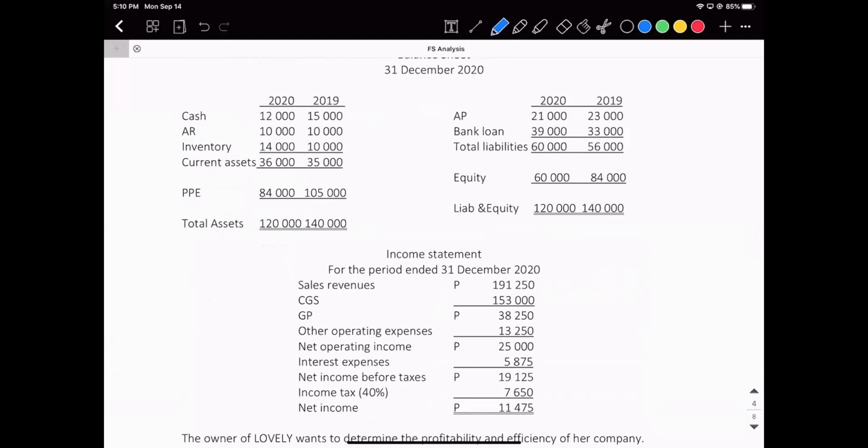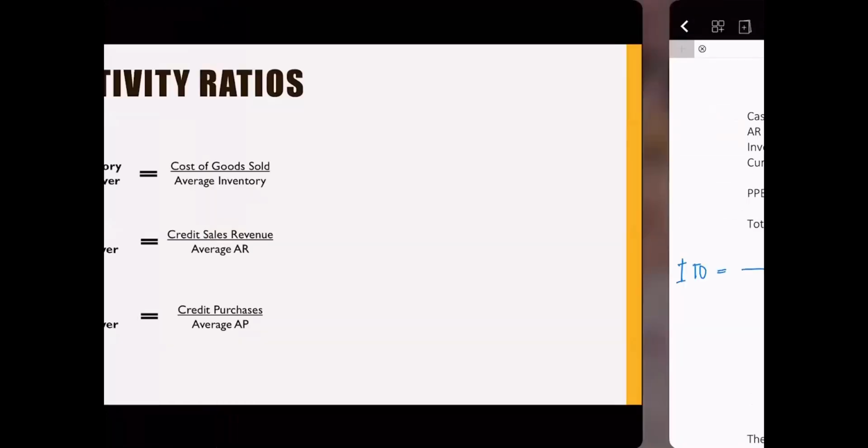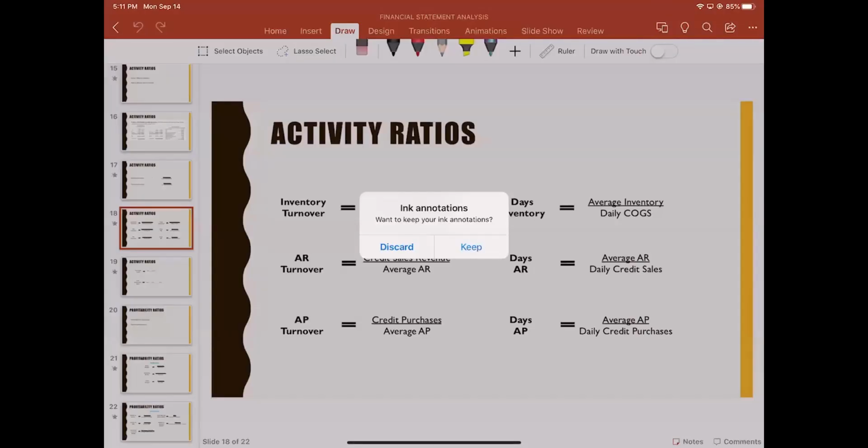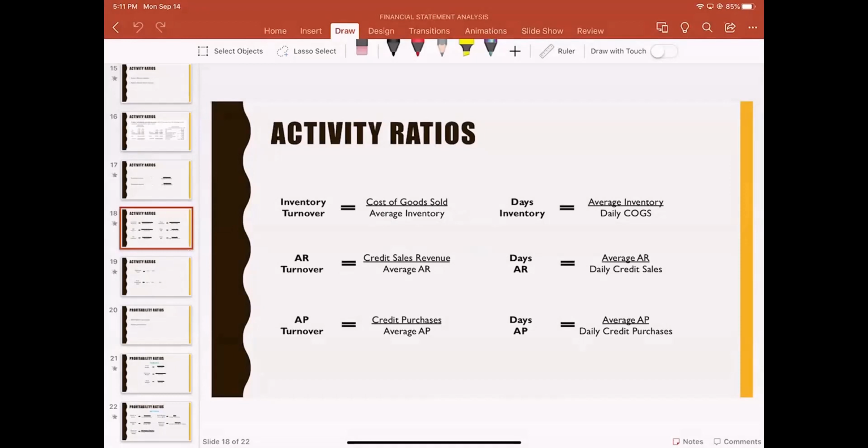So, how do we compute for inventory turnover again? Okay, ang tawag ko dito, inventory turnover. So, based on the formula, what's your numerator? Cost of goods sold. Tama, okay?